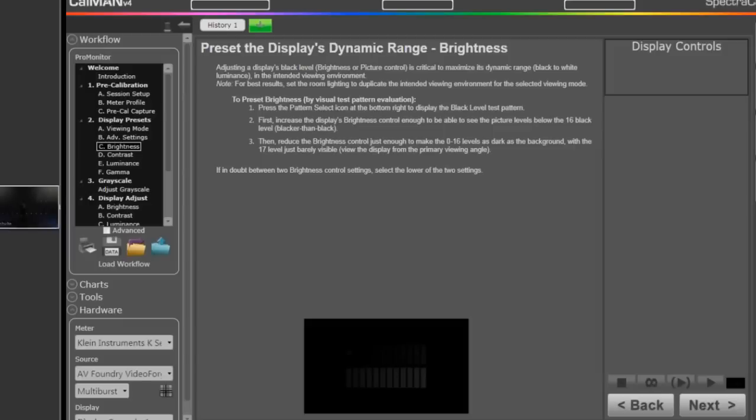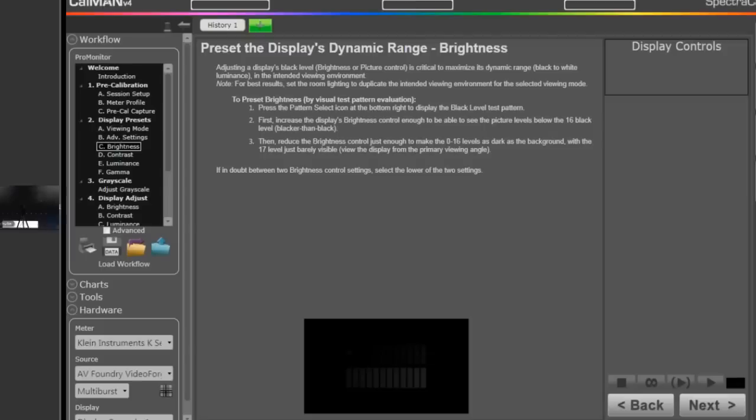Okay, so when I go to the brightness adjustment now in the television, I'm going to affect the black level on the display. On the test pattern that we have here, we have different blocks at different signal levels, from black up through 23 level.